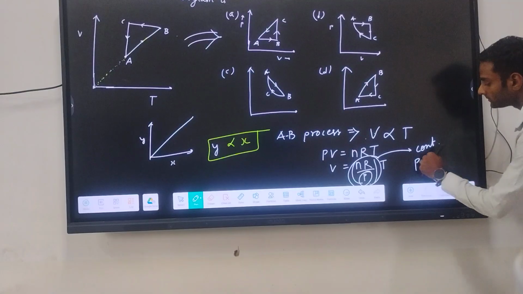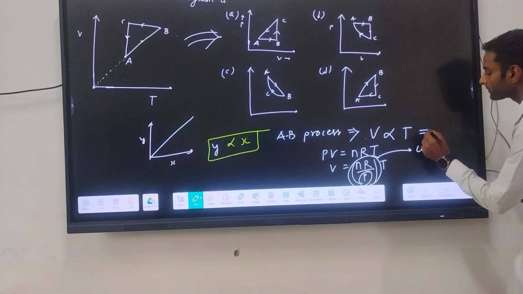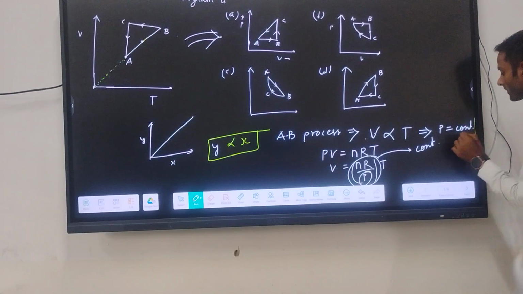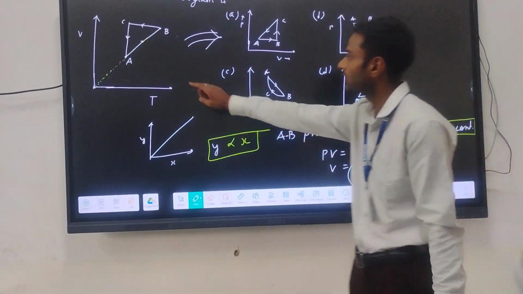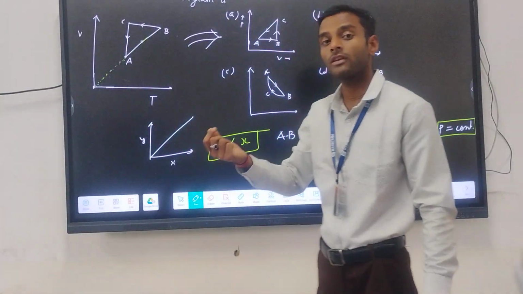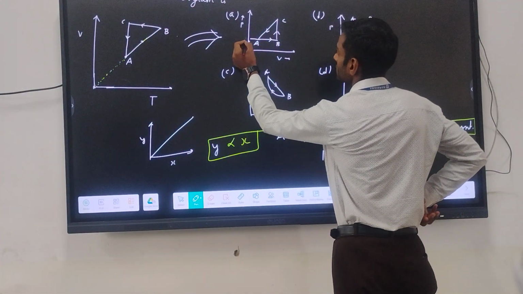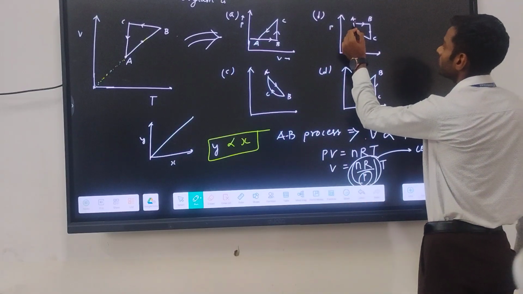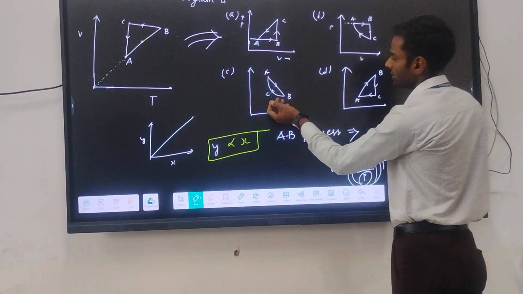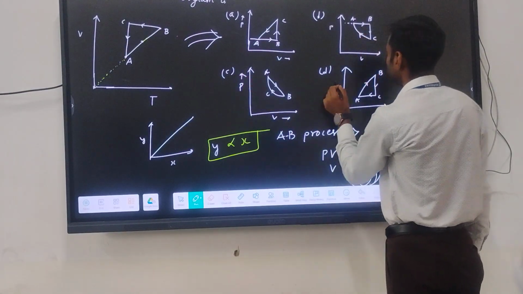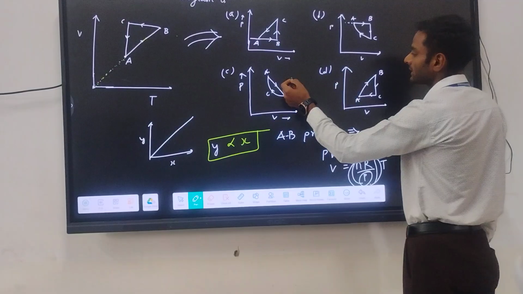This implies this is a constant pressure process. So AB is a constant pressure process. AB should be constant pressure. So here AB is not constant pressure.